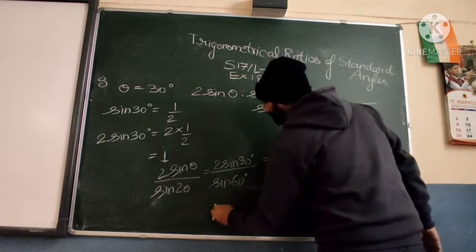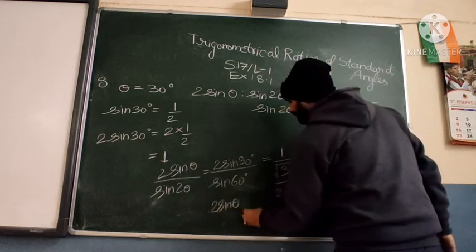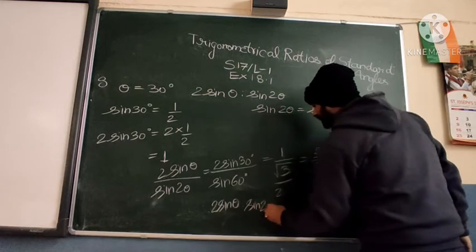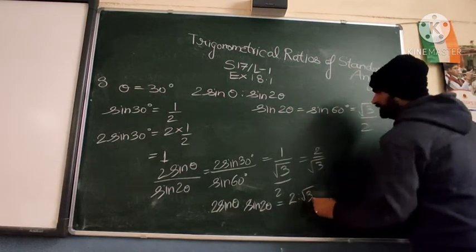Therefore, 2 sine theta is to sine 2 theta is equal to 2 is to root 3. This should be the answer.